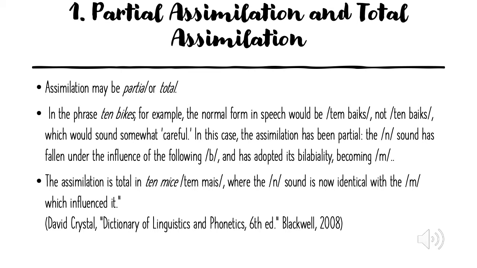And here you notice that a sound changes and becomes the next sound. So it is a kind of total change. In the earlier instance, "ten bikes," it was a partial change because it moved very close to the next sound, but we did not say "tem bikes" with a full b; here, it becomes the next sound altogether. So this is an example of total assimilation.